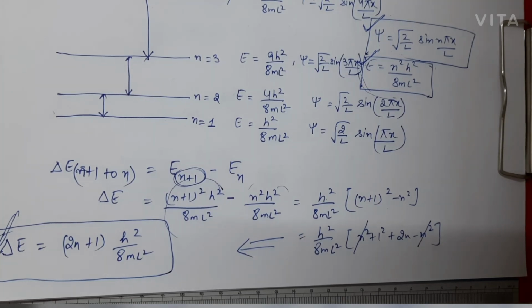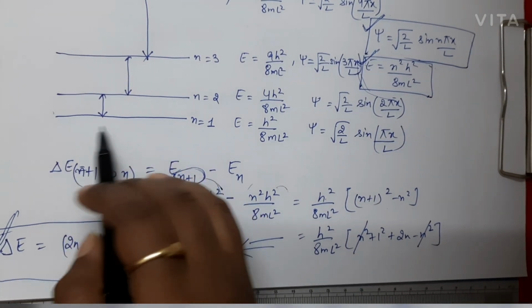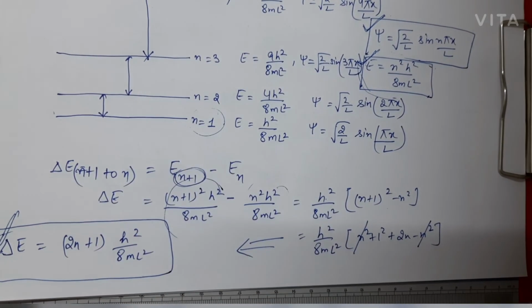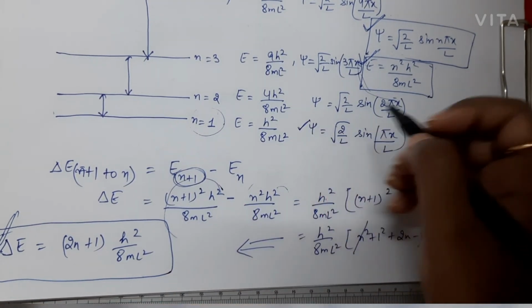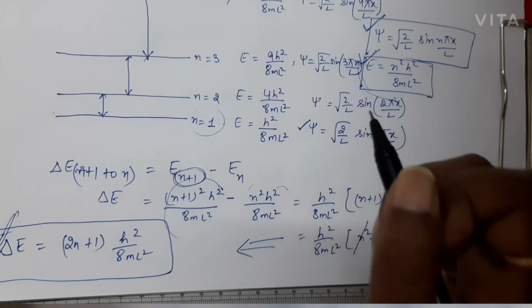So in the next video we will be taking up each energy state. For example, we will first take the ground state, that is n equals 1, and we will discuss the wave function and how to find the maxima, minima and node in a particular wave function.